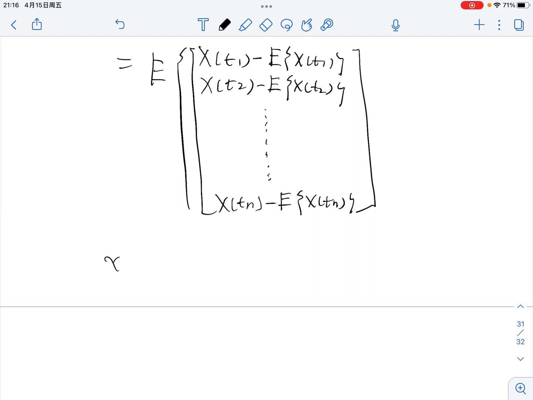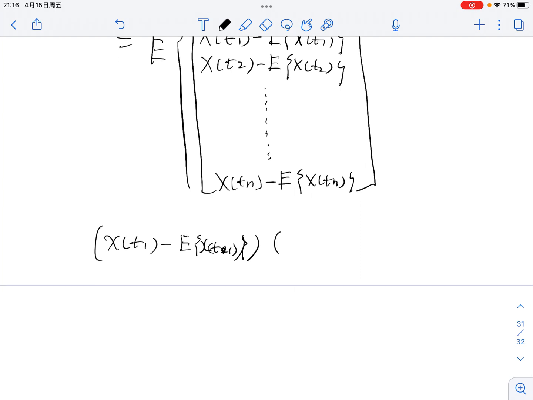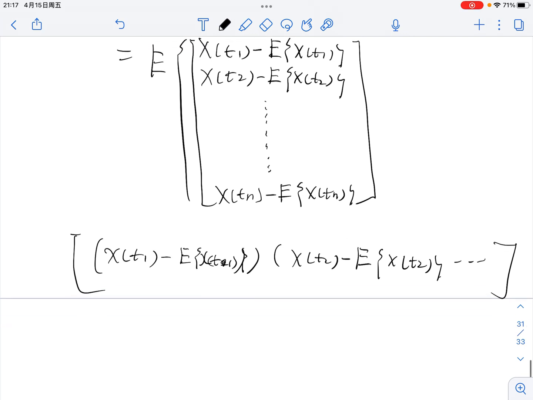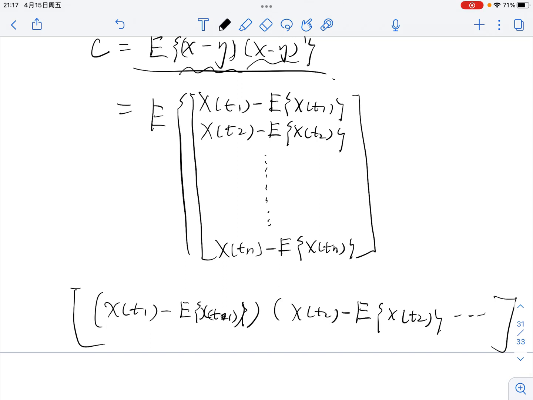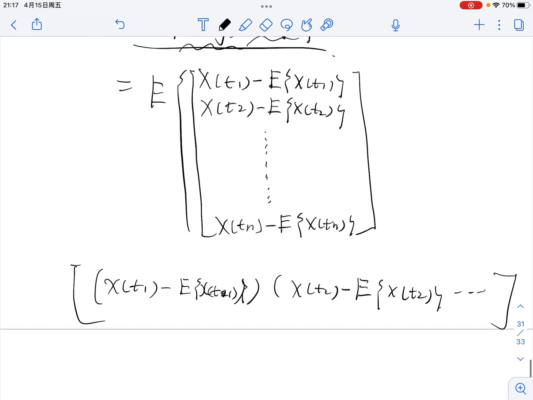Let me write it down here: x(t1) minus expectation of x(t1), x(t2) minus expectation of x(t2), etc., and this is just a row vector. The outer product of these two vectors forms a matrix, which is the covariance matrix.